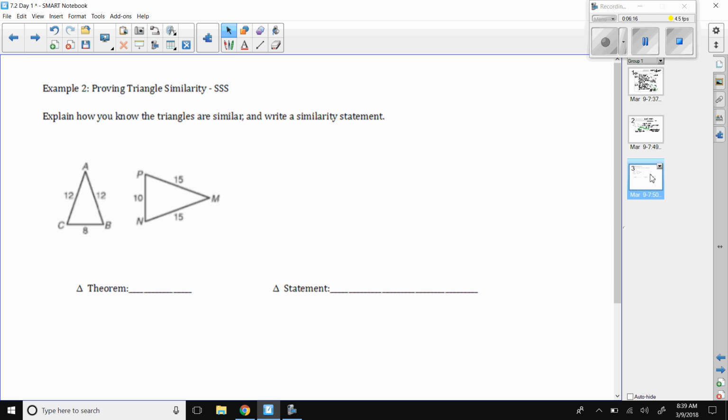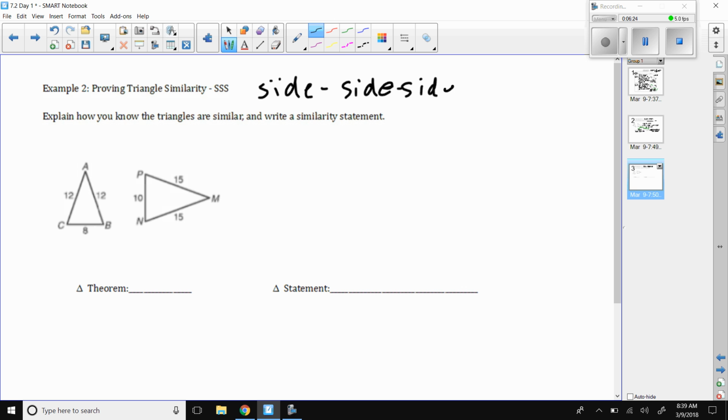In the second example, we've got side, side, side. Explain how we know that they're similar. We need to check for some proportions. If I'm looking at CA, I want to match that with one of the sides here. We'll say that it matches with PM.